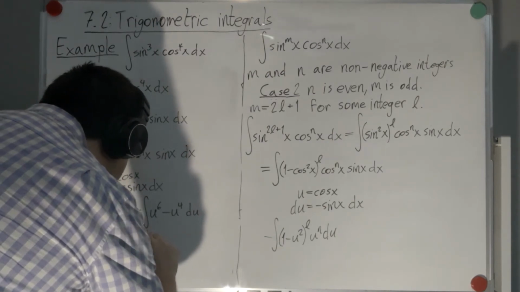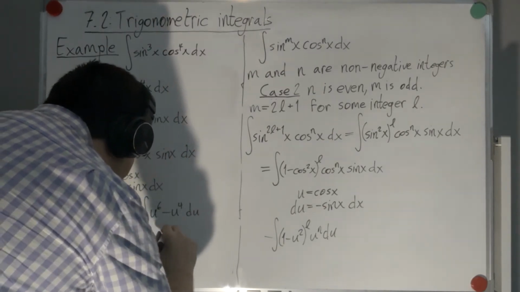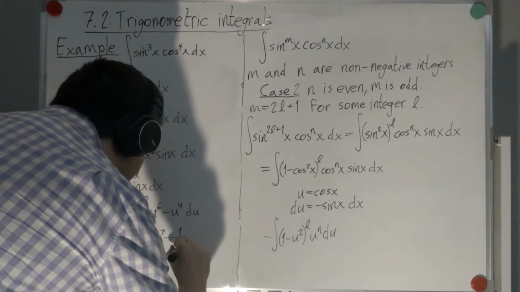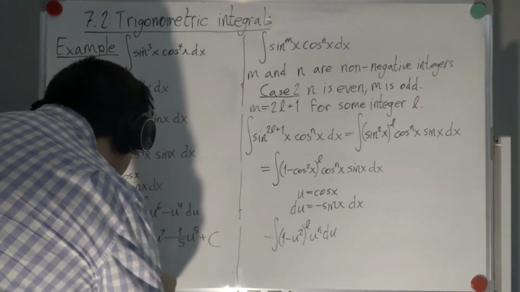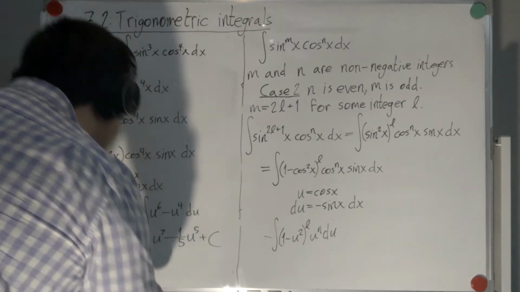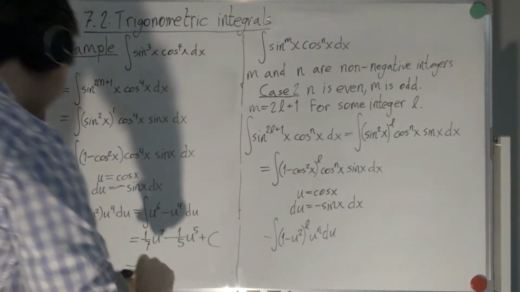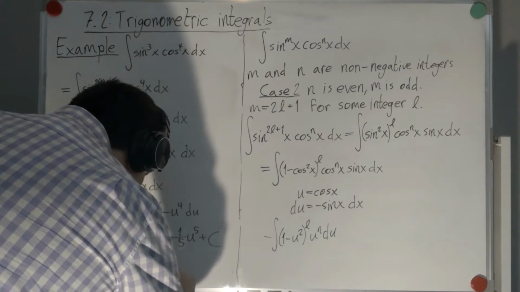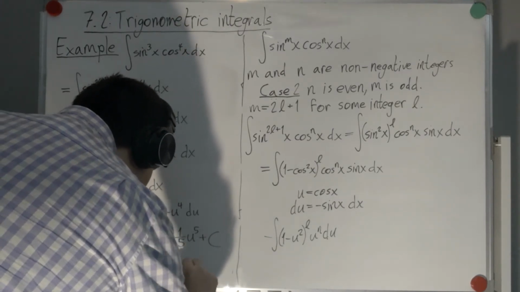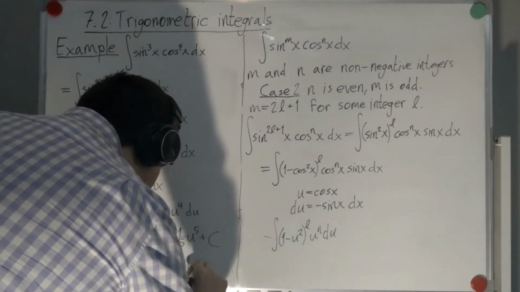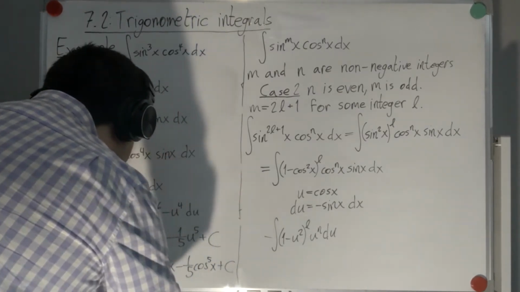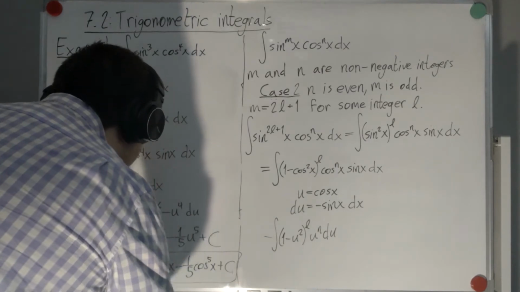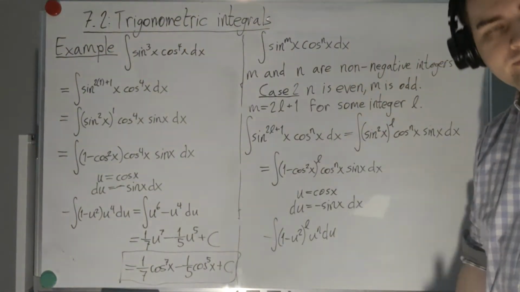So what we get is 1/7 u to the seventh minus 1/5 u to the fifth plus c. In which case, what we're looking at has to be 1/7 cosine to the seventh of x minus 1/5 cosine to the fifth of x plus c. And so that becomes our indefinite integral.